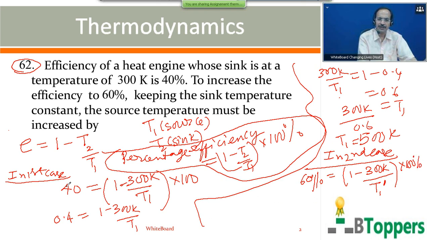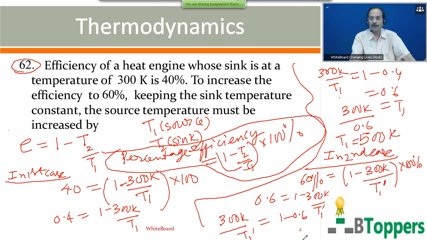That means repeat the procedure which you have followed in the first case. So you get 60 by 100 or 0.6 equals 1 minus 300 Kelvin by T1 dash. So 300 Kelvin by T1 dash equals 1 minus 0.6.